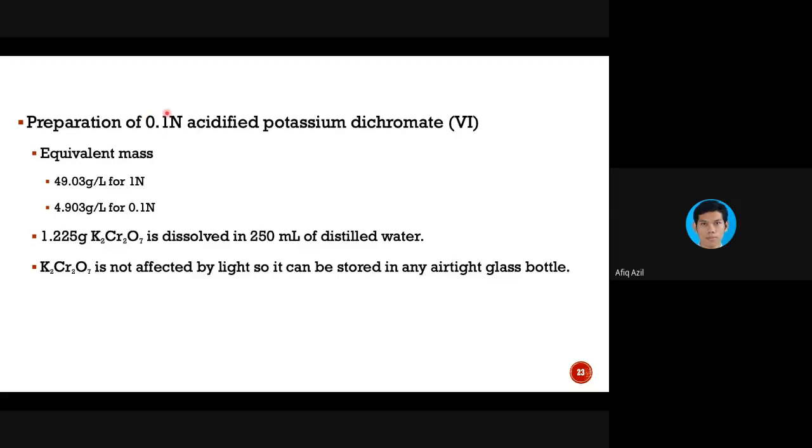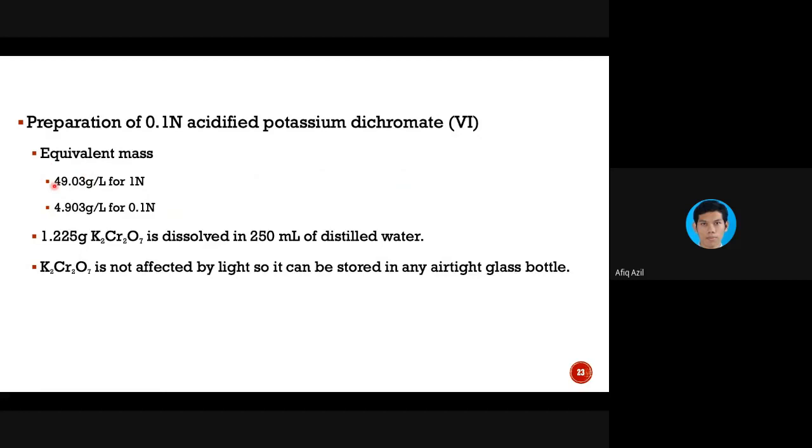Let's say you want to have this concentration, 0.1 N. So find out the equivalent mass. So these values is from the molar mass of potassium dichromate. And then, this one is by having the molar mass divided by the number of difference in terms of the oxidation number.